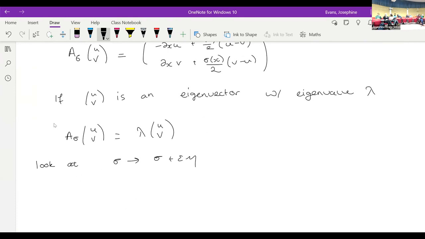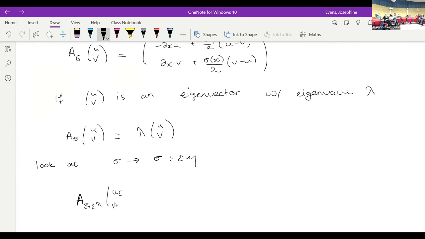So just, I mean, formally, we don't have a proper proof, but suppose that you have a kind of continuous dependence of your eigenvector and eigenvalue on this parameter epsilon, which you will if you start with a single eigenvector.